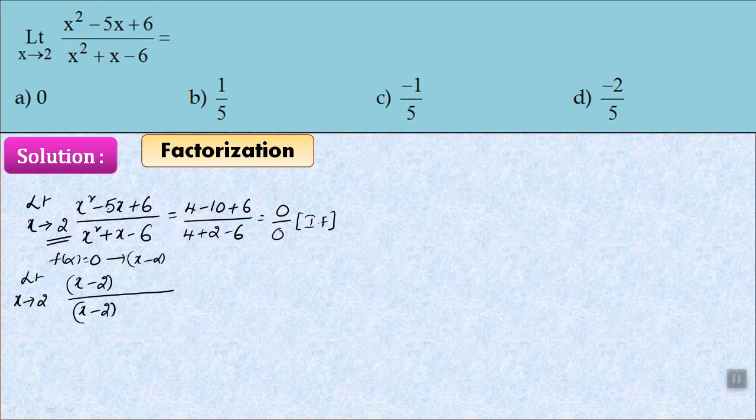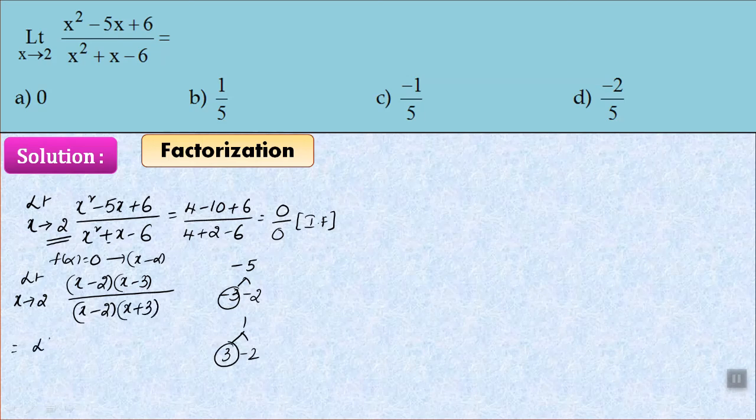So we have to find the other factor. Minus 5 can be split into minus 3 minus 2. Minus 3 into minus 2 we get 6. Here another factor is x minus 3. In denominator 1 can be split into 3 minus 2. 3 into minus 2 we get minus 6. Here another factor is x plus 3.